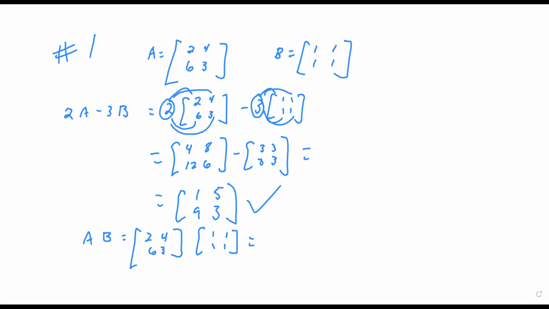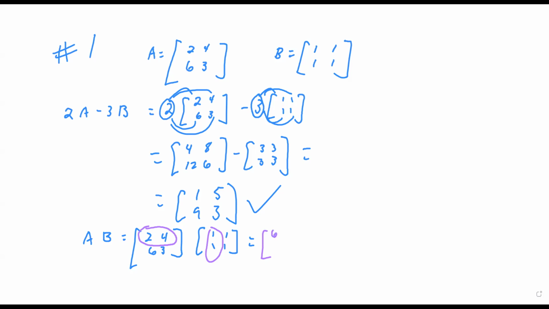We've done this all semester. We should be getting really good at this. To do row times column, remember you do the multiplication, get the results, and then add up their sum. So 2 times 1 is 2, and 4 times 1 is 4, and 2 plus 4 gives me 6, which is the result that goes here.